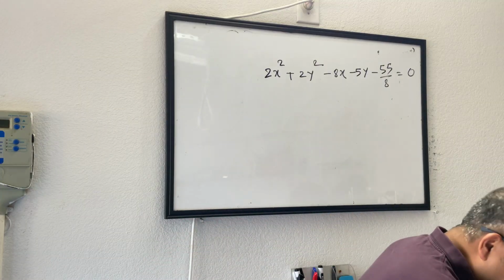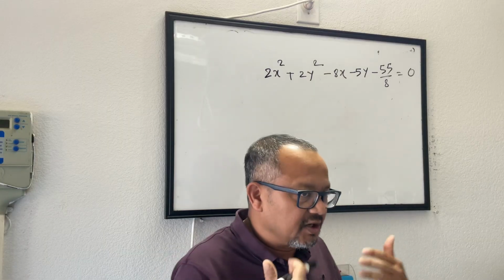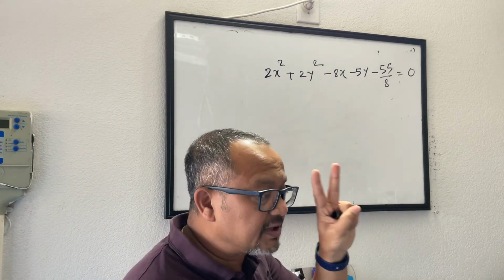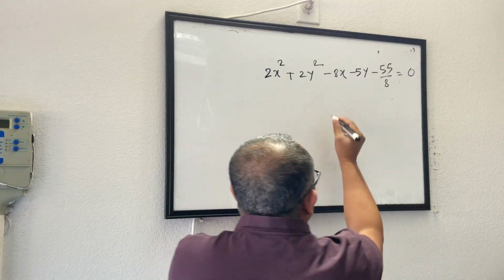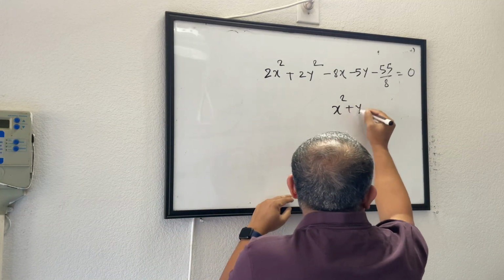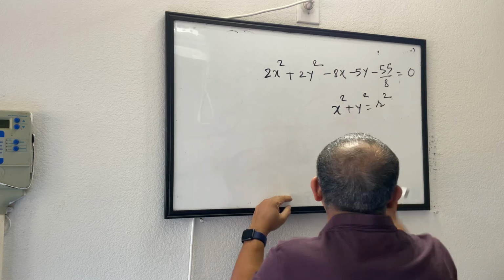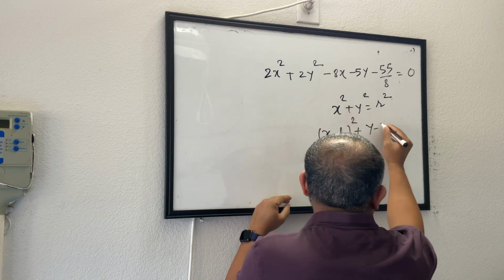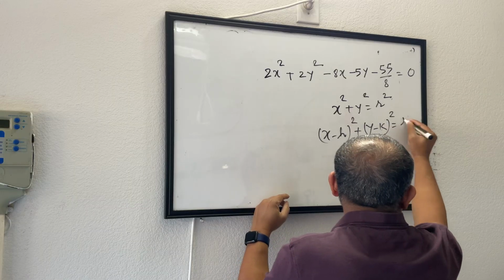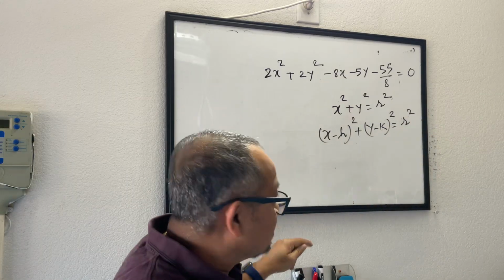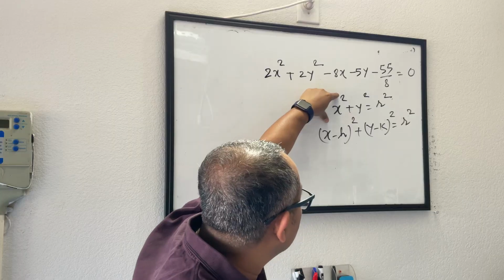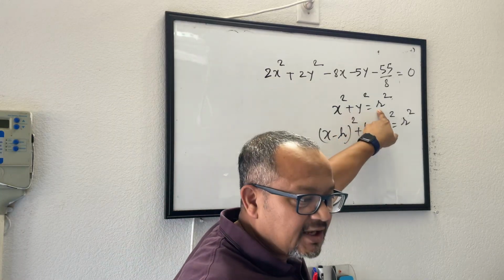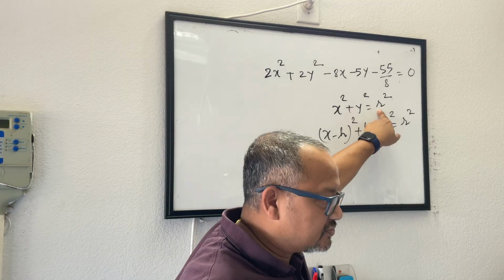Now, if I go back to what we were doing 5 minutes ago, 10 minutes ago, we saw that there are two forms of the circle equation. x squared plus y squared equal to r squared. And the second form was (x minus h) squared plus (y minus k) squared equal to r squared. So if we convert it to this form, where I have x squared and y squared on one side and only a constant on the other side, that becomes my radius squared. I'll multiply that by 2.